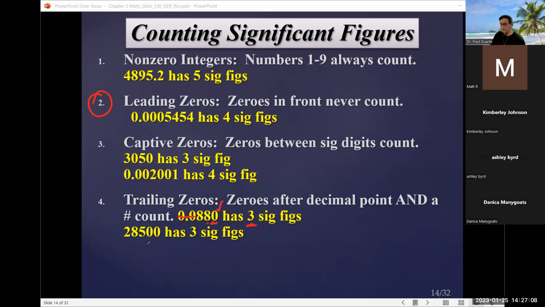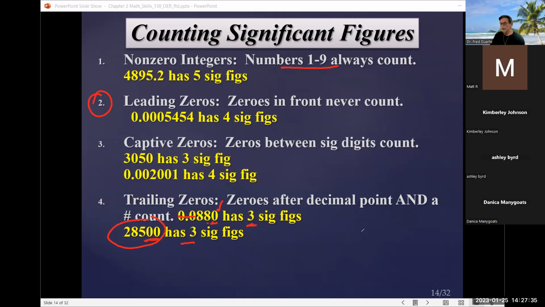Now, if you look at these here, yes, there is an integer in front of those 2 zeros, but there is no decimal point anywhere in this number. So those last 2 zeros do not count, and this number only has 3 sig figs, which kind of summarizes the rules if you think about it. Integer, automatically, no question asked, okay?